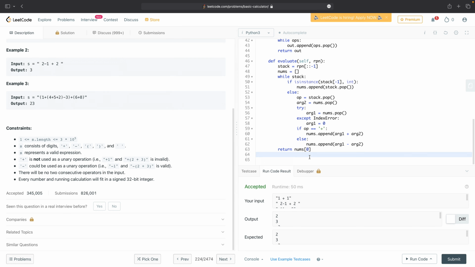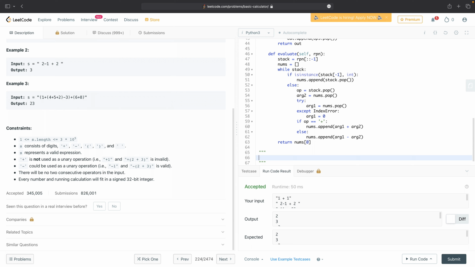Where would it go wrong? It would go wrong if my stack, basically I want to have two things on the stack with a negative hiding there where it shouldn't be hiding.